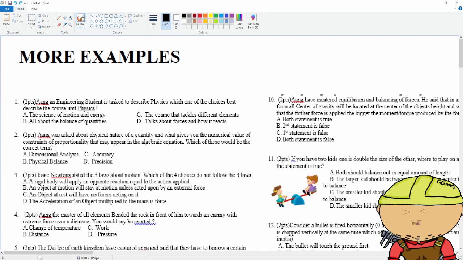Today we're going to have more examples, because someone sent me this example or exercise, and we're going to solve it. I'm going to try to discuss it and explain it a little longer.